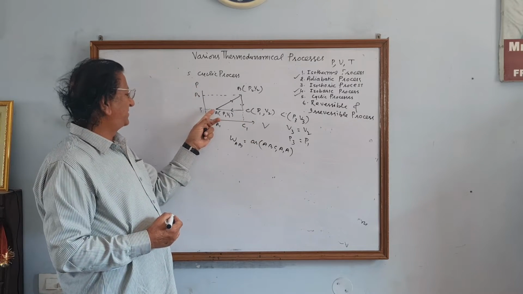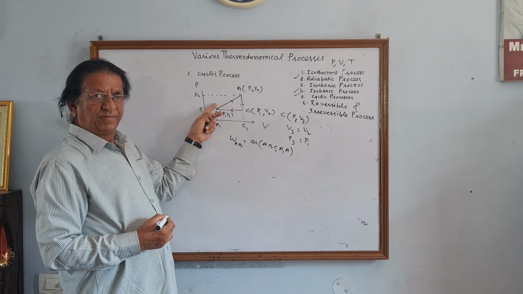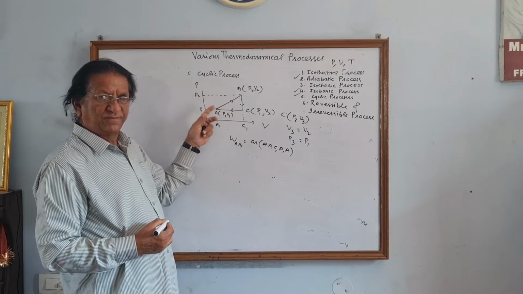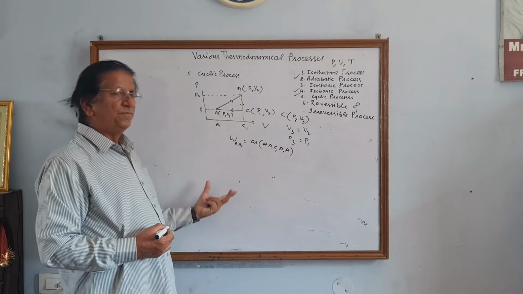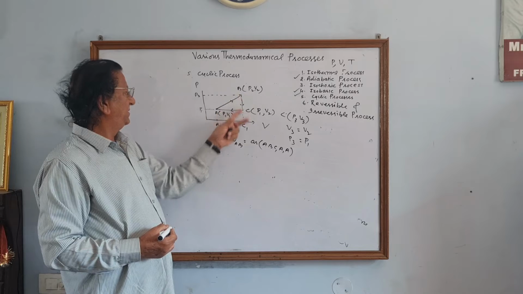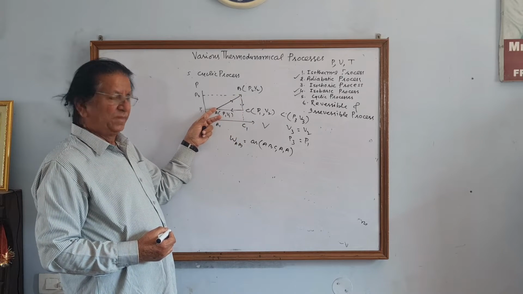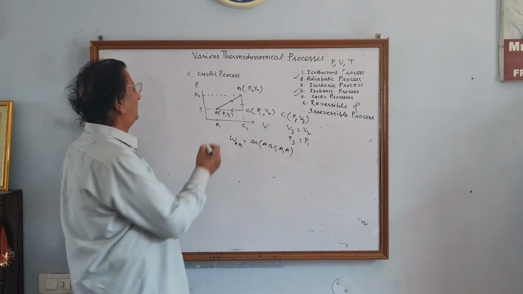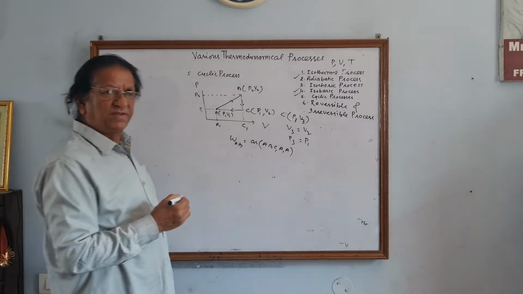In the PV diagram, the first part is AB, which is a straight inclined line, not parallel to any of the axes. So the area under AB is AB, C1, A1, A. If you look at the shape of the diagram, it is a trapezium.